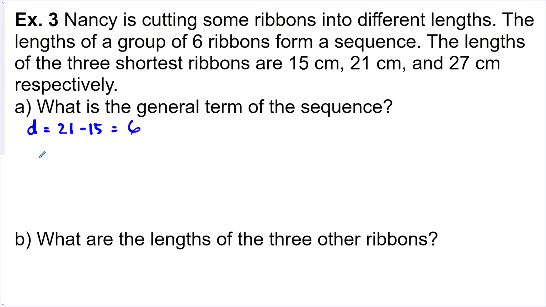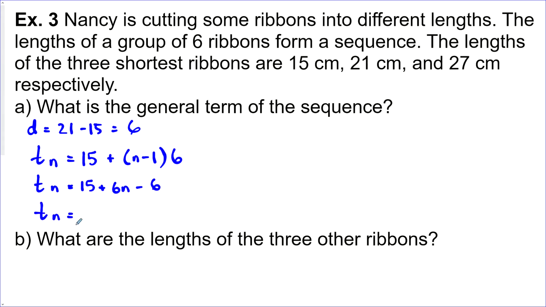And we could write the general term then is Tn is equal to the first term, this would be the smallest, plus n minus 1 common differences. And again, I'm just going to clean this up a bit, but it's okay to leave it like this. This is a functioning equation. So Tn is equal to 15 plus 6n minus 6.